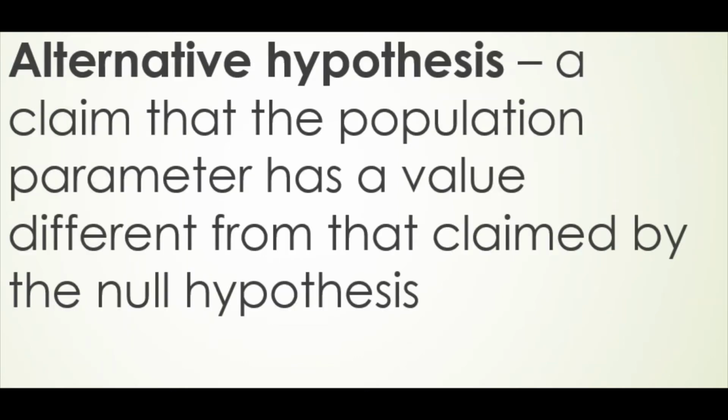Then we have an alternative hypothesis. An alternative hypothesis is a claim that the population parameter has a value different from that claimed by the null hypothesis.